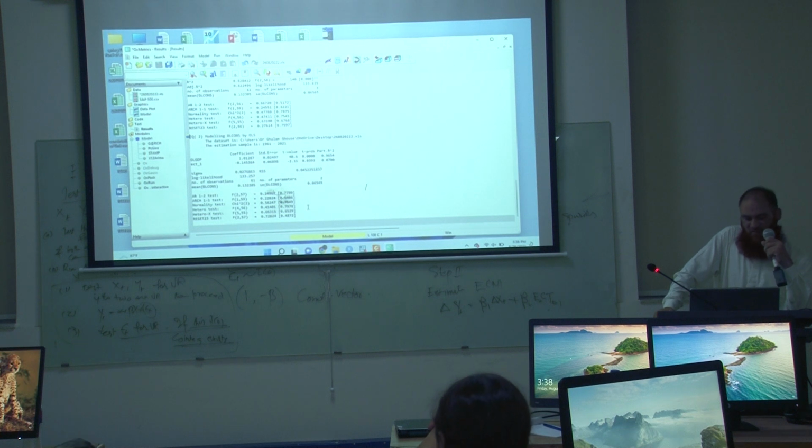And then you have the ECT term, and the coefficient of this term is negative. This ECT term is the error correction term.